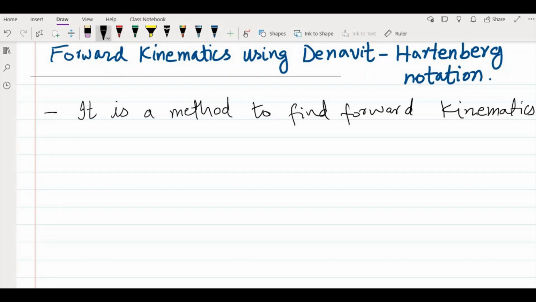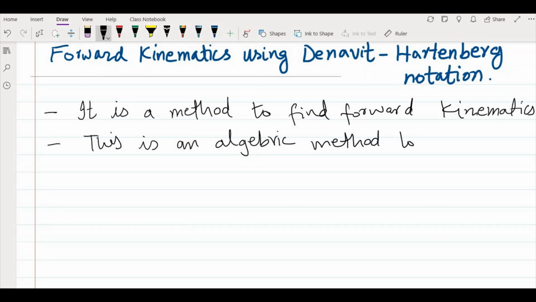Okay, this is an algebraic method to solve the forward kinematics problem. I think find is not the right word, solve will be better here.